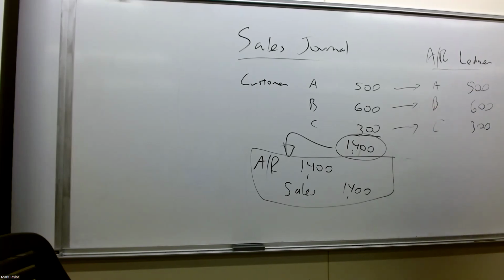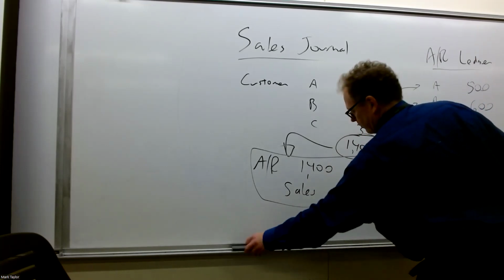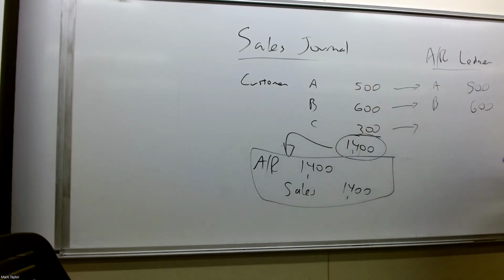This is what you're reconciling, making sure that all of these are actually over here. Because if they just made up one, where's C? If they just made up a sale to bump up the sales for the day, and it's not on there, that's a problem.